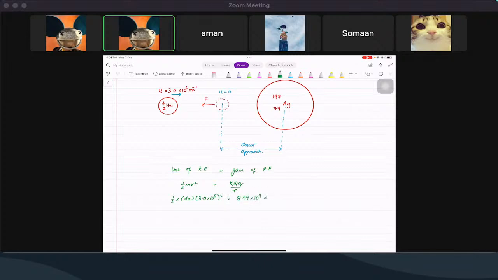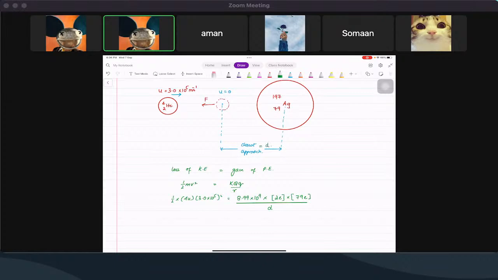The charge of the first is basically 2 times e, and the charge of the second is 79e. So this is basically the elementary charges that is given. And what you need is how much closer they're going to get. So we're going to find the distance of the closest approach, which is d.